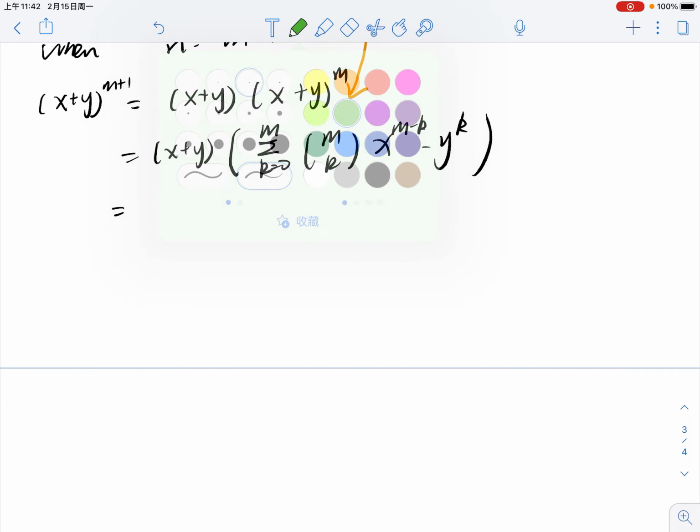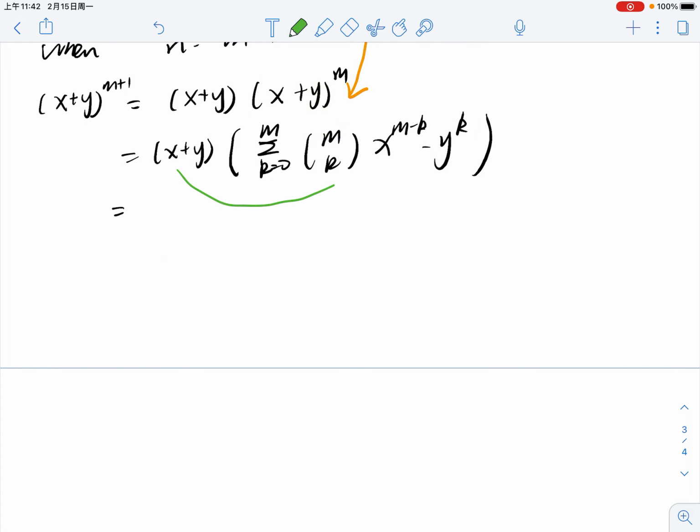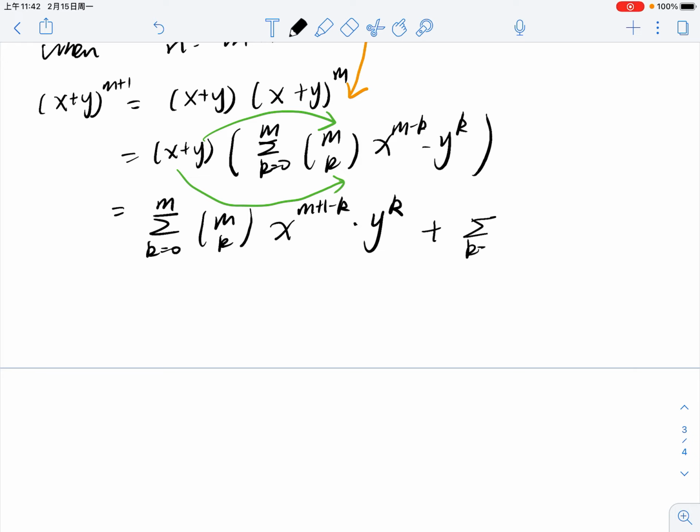You should do x times this and y times this. So first you have the summation for k from 0 to m of m choose k, x^(m+1-k) times y to the k's power, plus the summation for k from 0 to m of m choose k, x^(m-k) times y to the k plus 1.